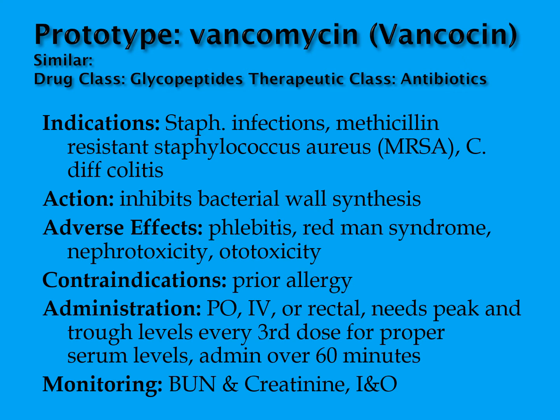So we do serum levels of vancomycin, because one of the concerning adverse effects of vancomycin is nephrotoxicity and ototoxicity. So we really want to follow the dose to make sure that we're not getting beyond the therapeutic level of vancomycin. And you can see here that it's given over 60 minutes to avoid that phlebitis.